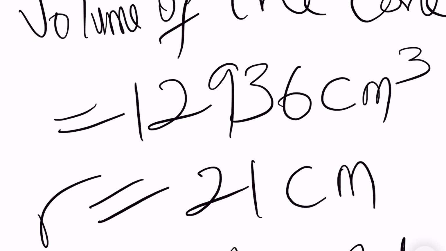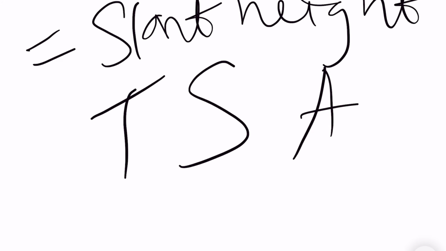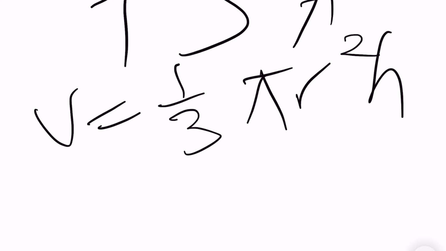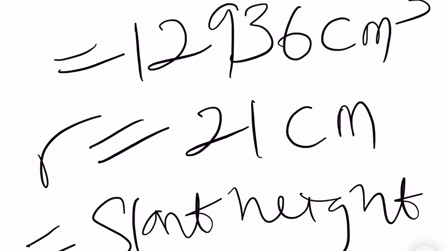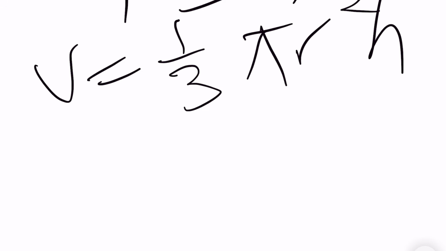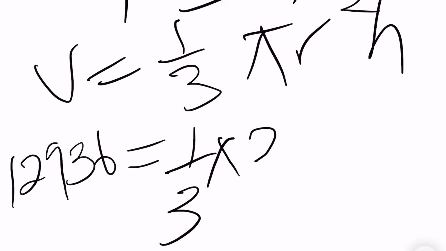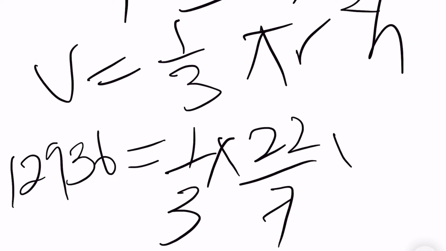Now, for a cone, the volume of a cone is 1/3 pi r squared h, where we have our volume to be 12936, equals 1/3 times 22/7 times 21 times 21 times h.